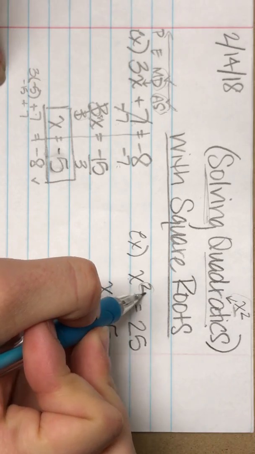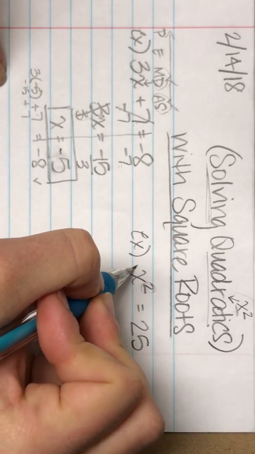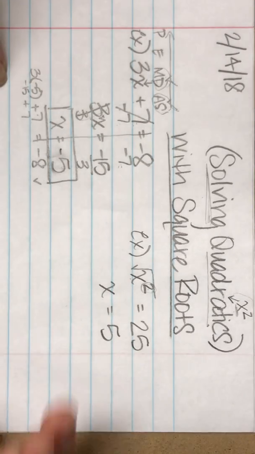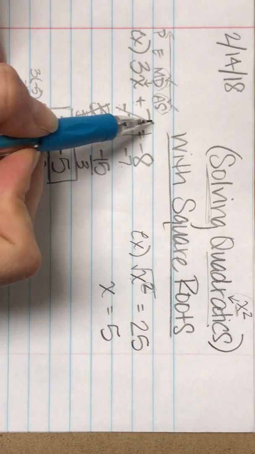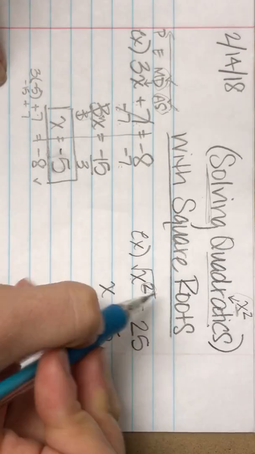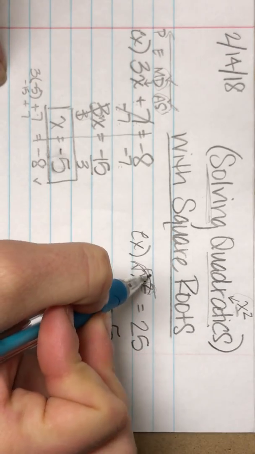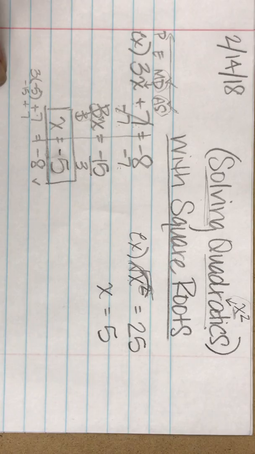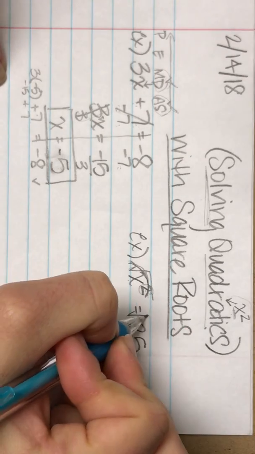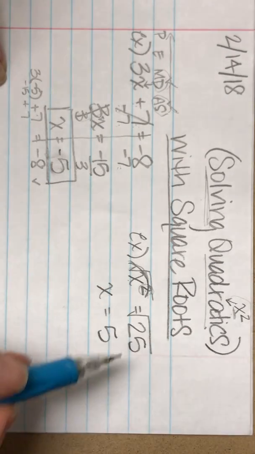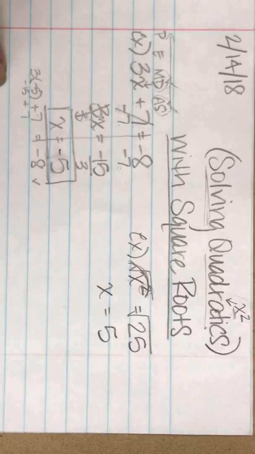The inverse of squaring something is to take the square root. Just like here, adding 7 and subtracting 7 canceled each other out. Well, here, the squared and the square root cancel each other out, and it doesn't cross out very nicely because of kind of where they go. And then I'm going to do it to the other side, and the square root of 25 is 5.